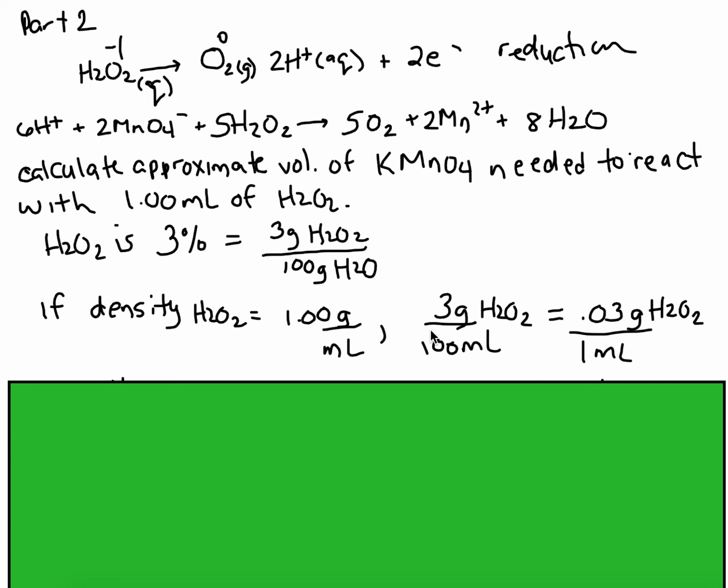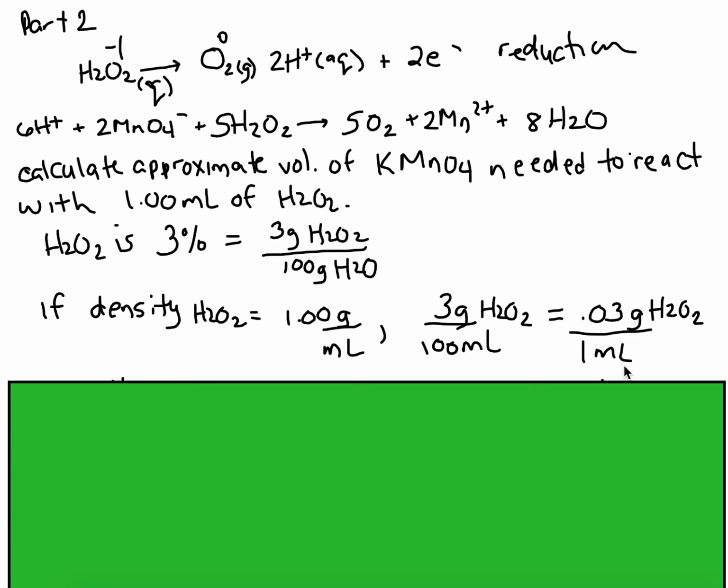So the density of H2O2, 3%, 3 grams per 100 milliliters. Does everybody see that? If the density is 1 gram per mil, then 100 grams would be 100 mils. And since percent is 3 grams of hydrogen peroxide per 100 grams of water, because that's the definition of percent, then I can rewrite it as 3 grams of hydrogen peroxide per 100 milliliters.